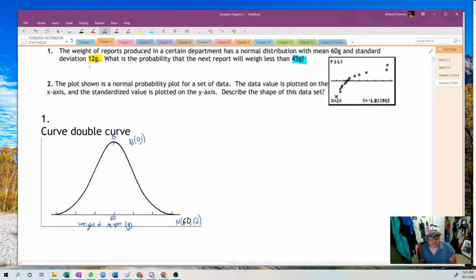So I'm going to subtract 12 grams, so 60 minus 12, that's 48, and that would correspond with a z-score of negative 1. So 48 and negative 1. Well, clearly 45 is not going to fall on an actual whole number z-score. 45 would be just a little bit to the left of that. So this would be about 45 right here.